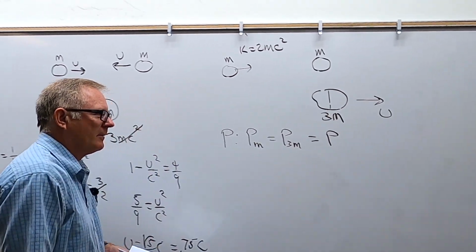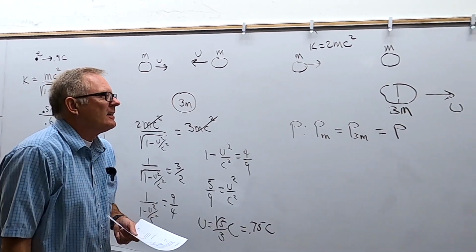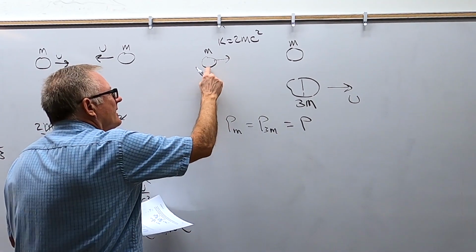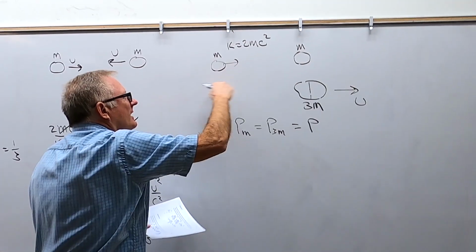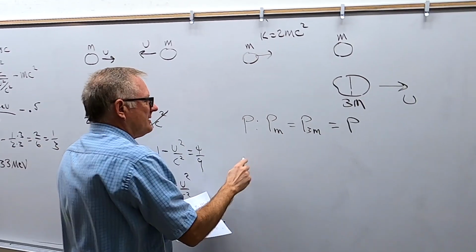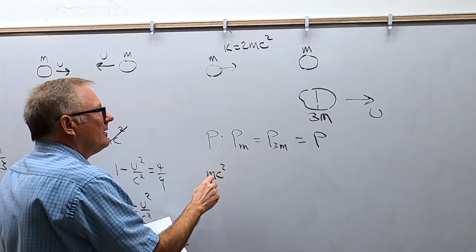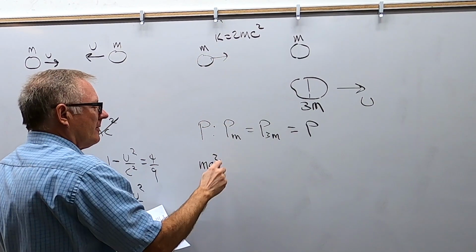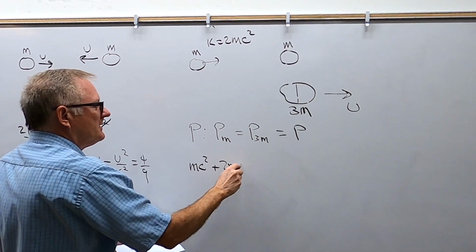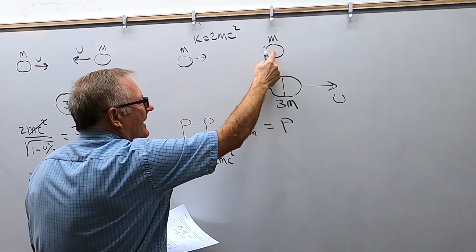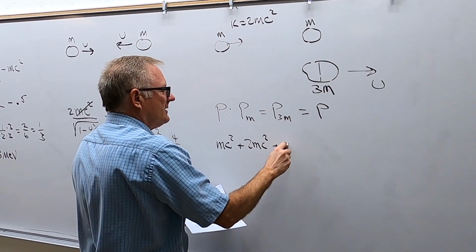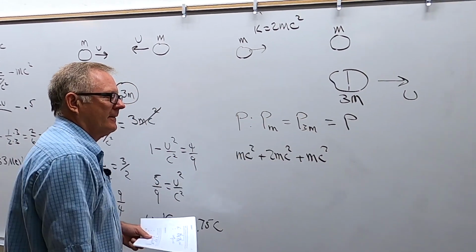I don't need a subscript anymore. Now let's look at the energy. The energy before the collision, this one had rest energy, mc squared, plus some kinetic energy, 2mc squared, plus that had some rest energy, mc squared, without any kinetic.